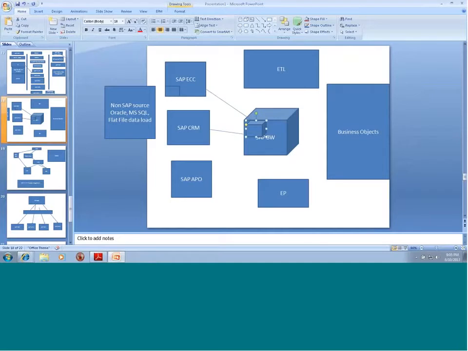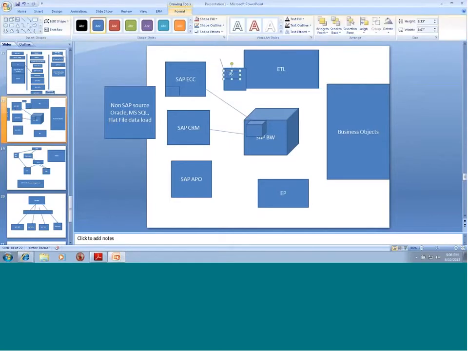Once the modeling is done, we have to actually do the extraction. If you look at SAP ECC, tables in the ECC system could be stored in a different structure. There could be multiple tables holding FI information. I could have one table here, I could have one table there. There will be a join connecting one table to the other. So the data is sitting across multiple tables.